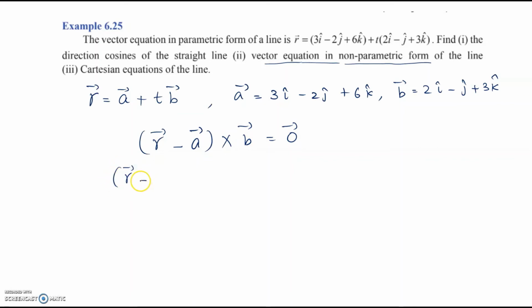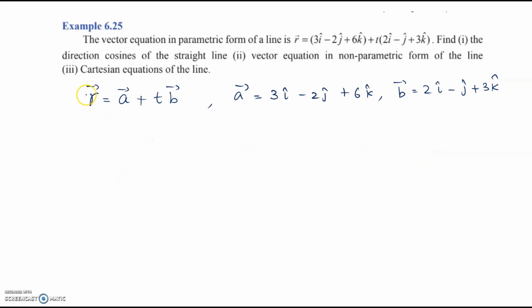Let's replace them. a vector is 3i cap minus 2j cap plus 6k cap, cross product with b vector, which is 2i cap minus j cap plus 3k cap, is equal to 0 vector. So that's our solution for non-parametric form.